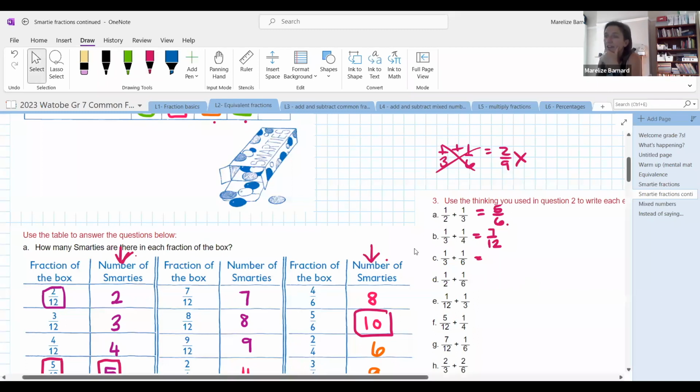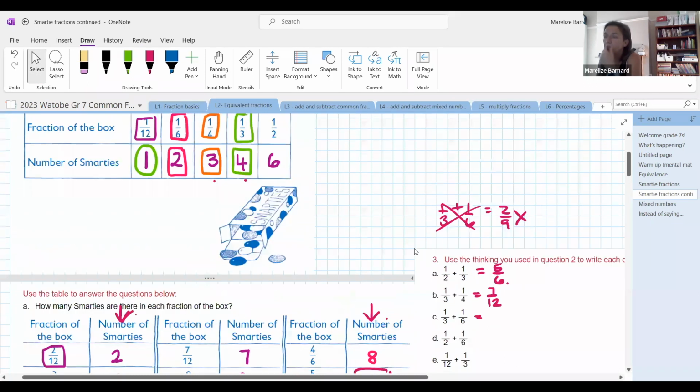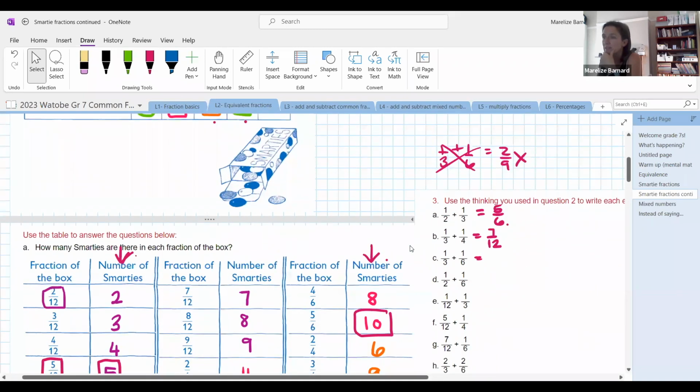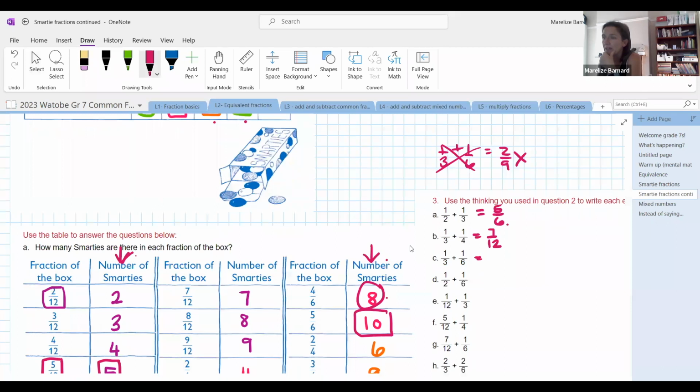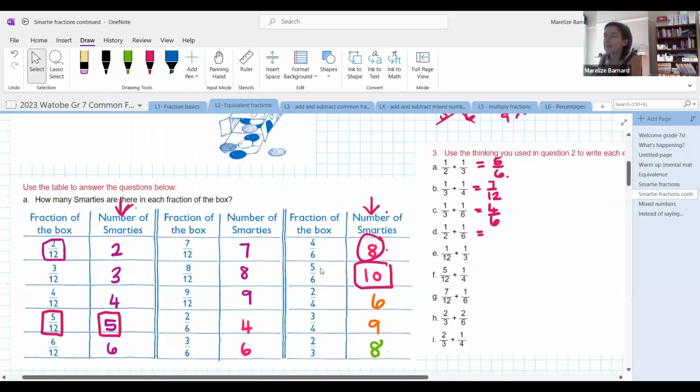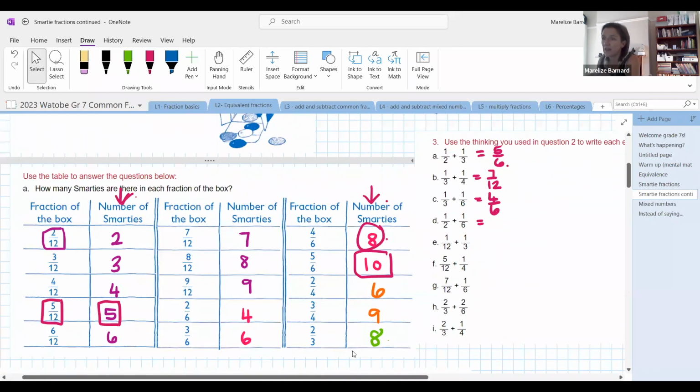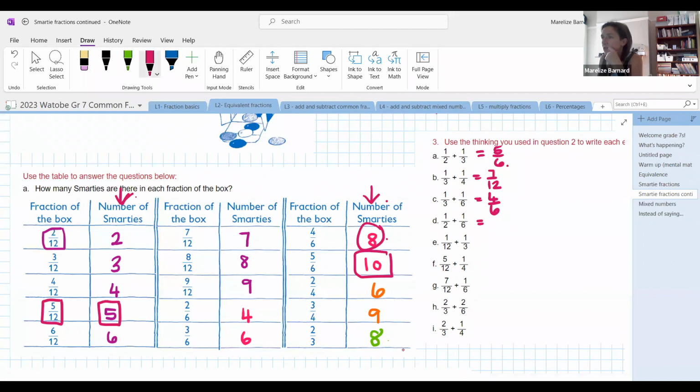So we have to go, okay, a third is 4 Smarties plus a sixth is 2 Smarties. So that's 4 plus 2 gives me 6. And 6 is over here. That is 4/6. You could also have said 8/12, and you could also have said 2/3. 2/3 and 8/12 would also have done the trick.